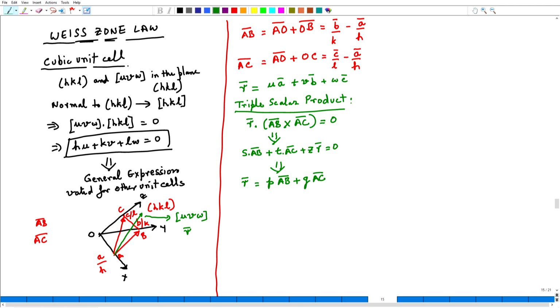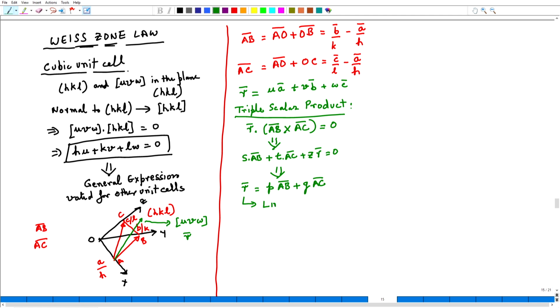So, essentially what I have done is I have expressed the vector R as a linear combination of the vectors AB and AC. Now, let us move a bit further.